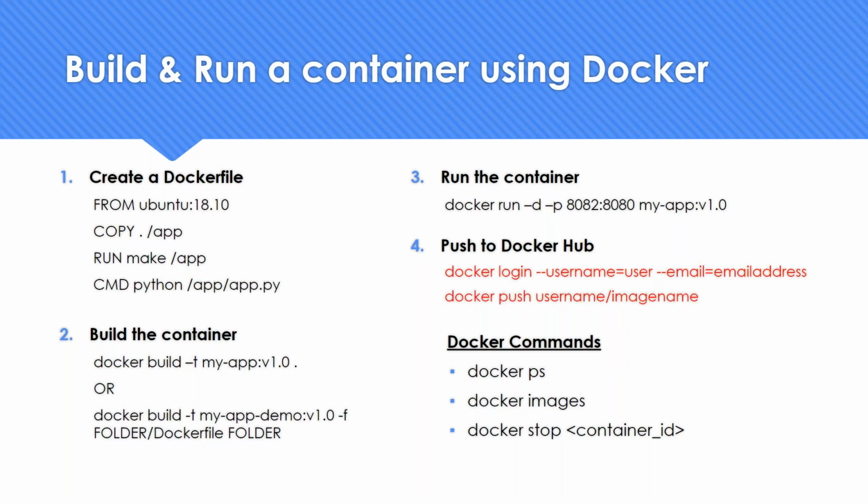So basically the default name is always Dockerfile, capital D, small f. You create a file where you mention the complete details of what you are going to have. Basically, you need to mention, I have to have a specific OS, I have to copy certain dependencies, all those things. So this is the first step, folks.